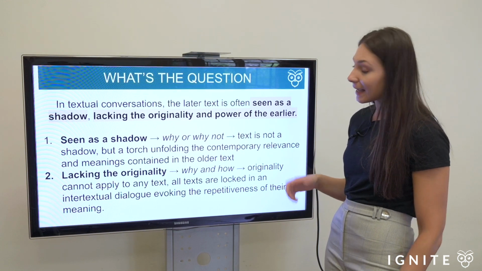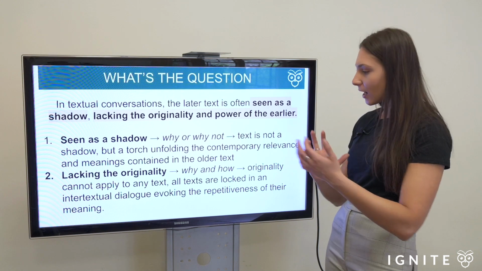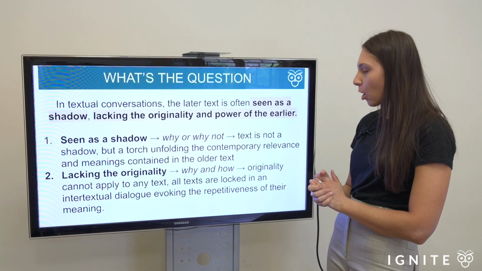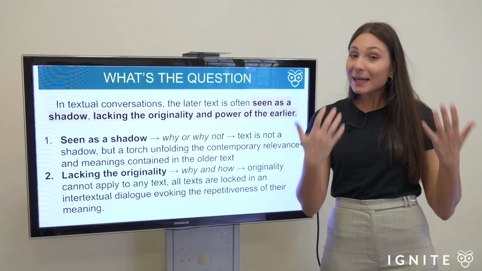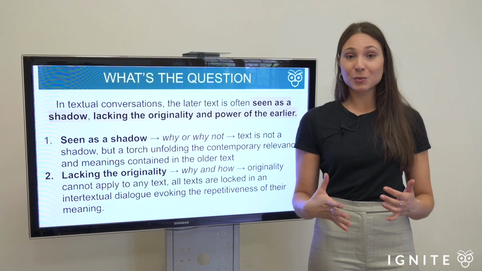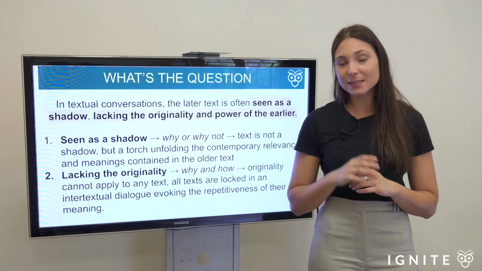Originality cannot apply to any text if we're thinking about intertextuality more broadly. All texts are locked in this intertextual dialogue, evoking the repetitiveness of their meaning. And what I mean by that is when we think about the theory behind intertextuality, we know that there is nothing purely original in any text, even the original text on which the adaptation is based.